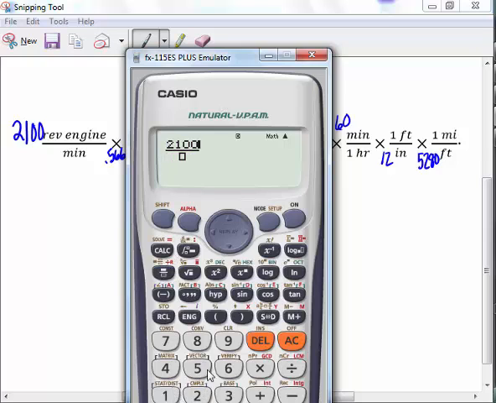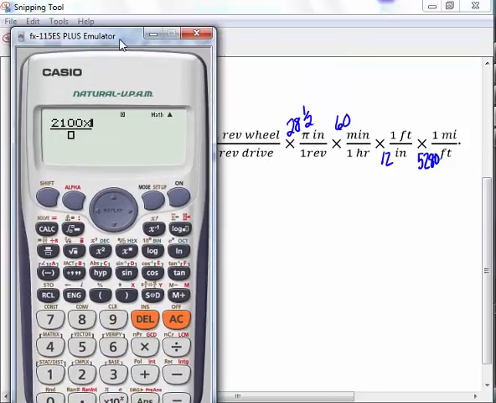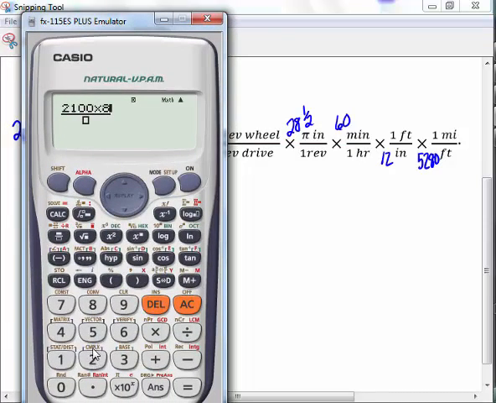So on our calculator equation, we'll use the fraction key. 2,100 times, what other numbers are on the top? 28.5 times pi times 60. Those are the numbers that are on top.